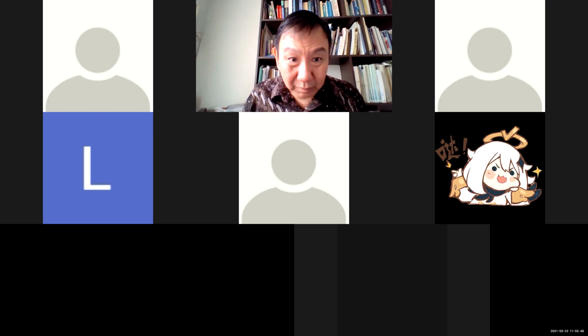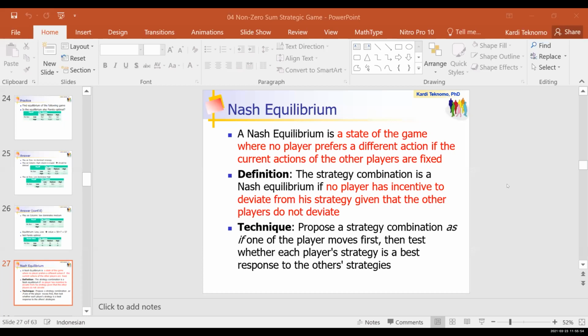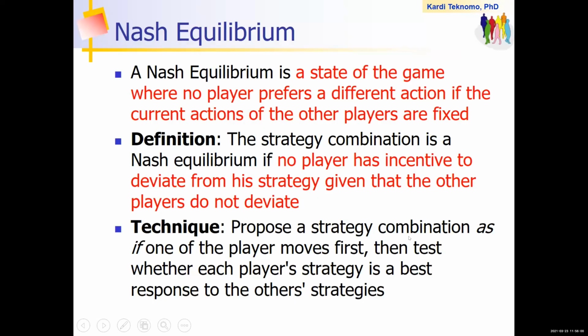Okay, let's go back to the slide. The name of Nash equilibrium comes from John Nash, who won the Nobel Prize because of game theory. After John Nash, many people also won a Nobel Prize due to game theory, including Harsanyi, where game theory is related to information.